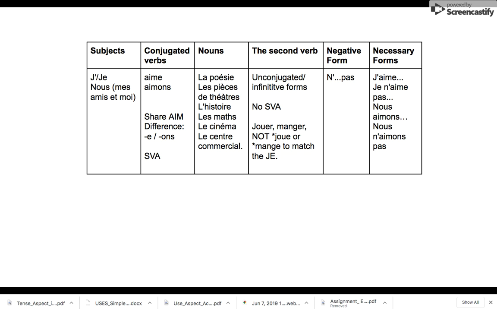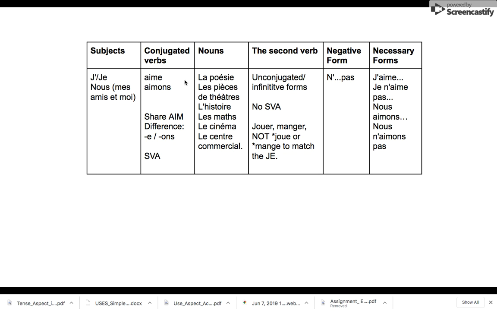And I'm not going to read all parts of this chart, but just the necessary parts that the students would need to notice. And what I'm going to ask them to do after this, they would need to know je means I, nous means we. They would need both of those to be able to talk about themselves and what they like to do with friends.